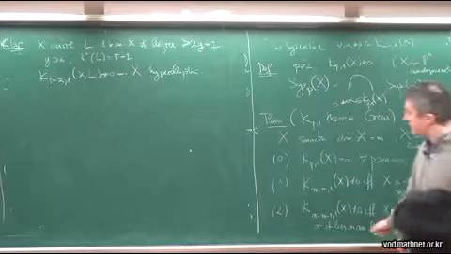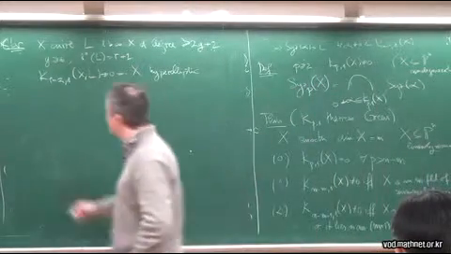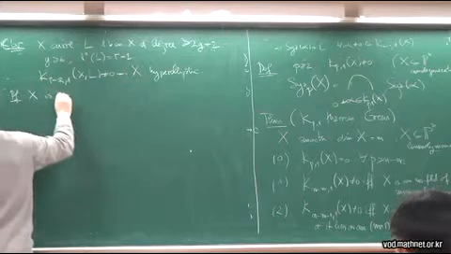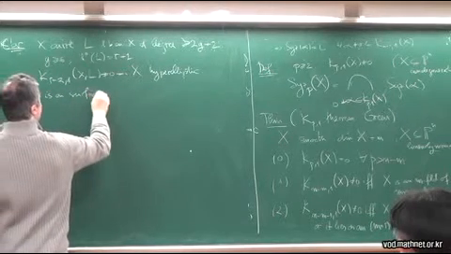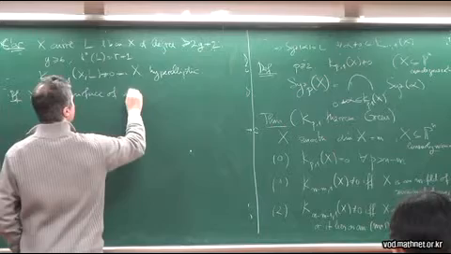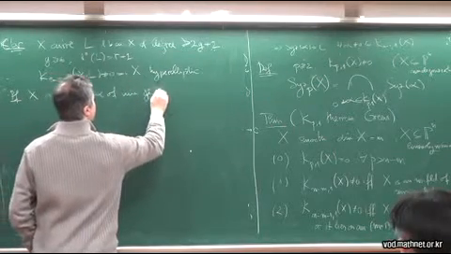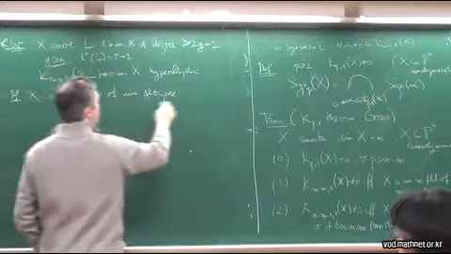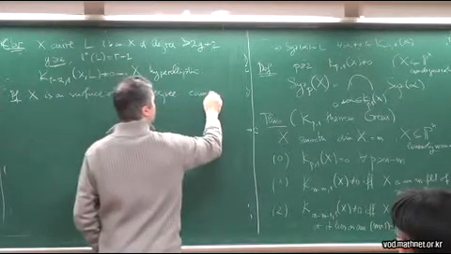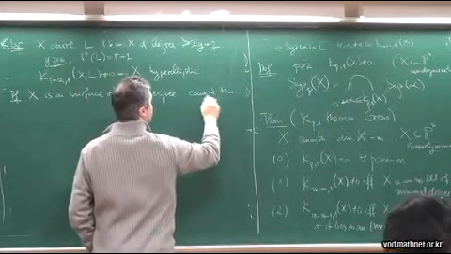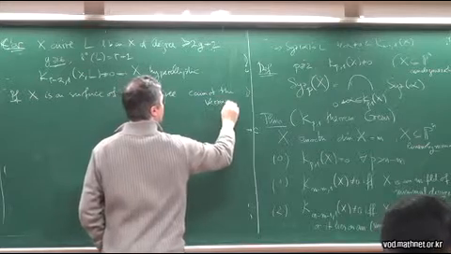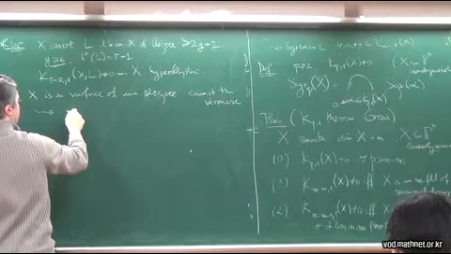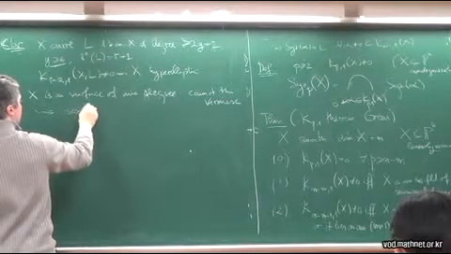So X lies on a surface of minimal degree, and because we assumed that the genus is at least 6, it cannot be the Veronese surface. So this is a scroll, a two-dimensional scroll.